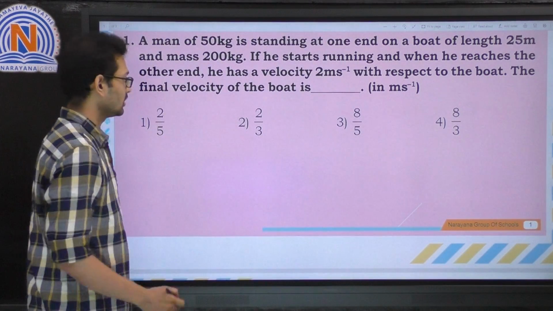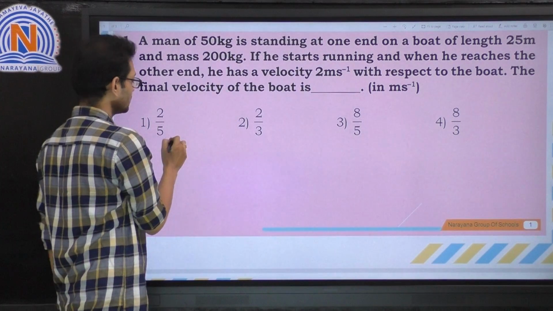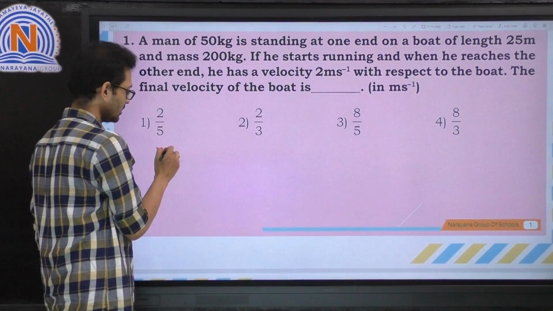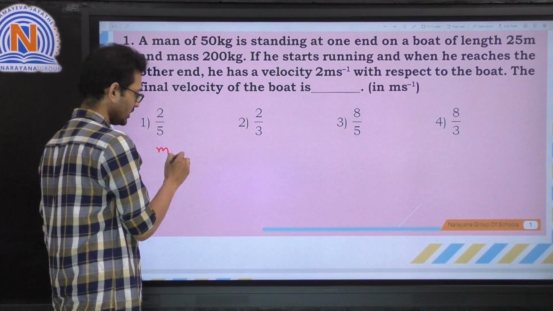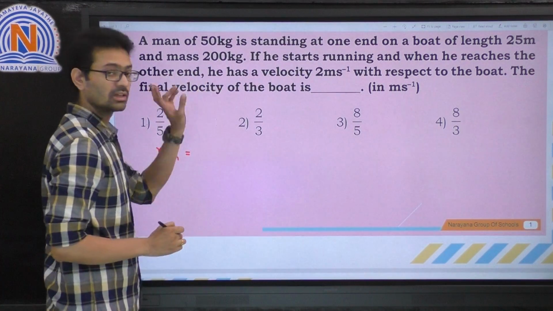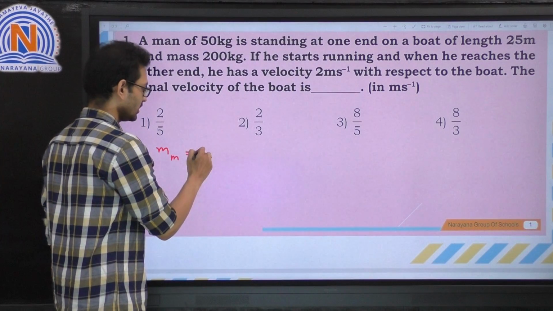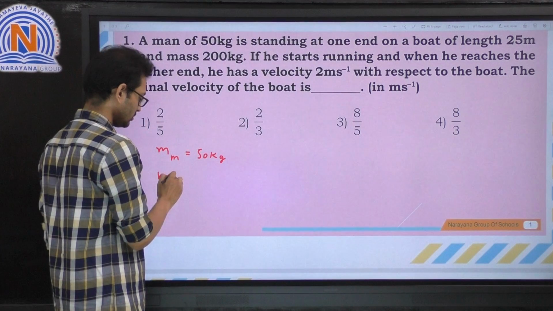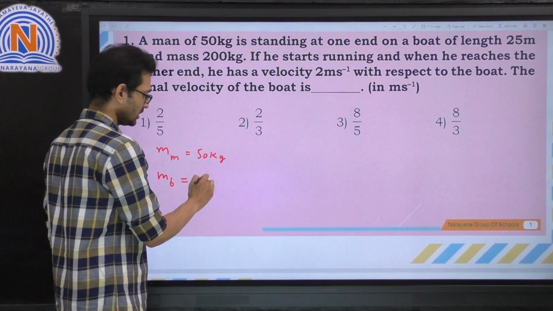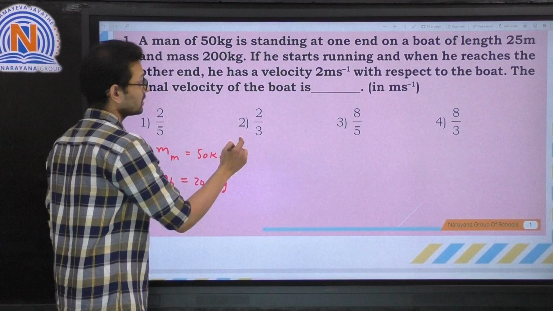Let's write down that the mass of the man, we'll write it as Mm, is given as 50 kg, and mass of the boat is given as 200 kg.